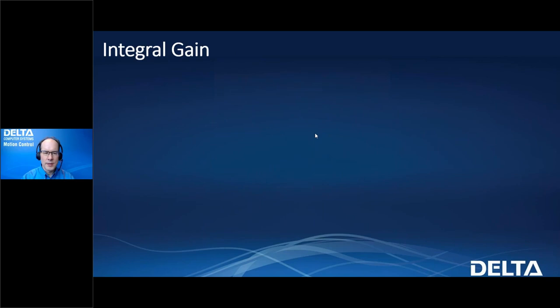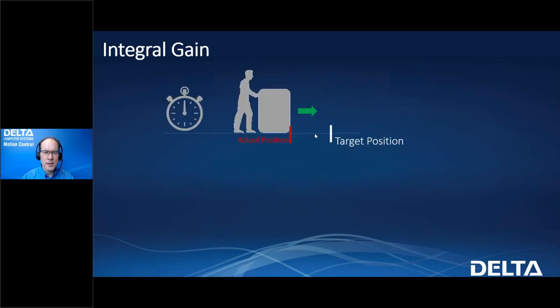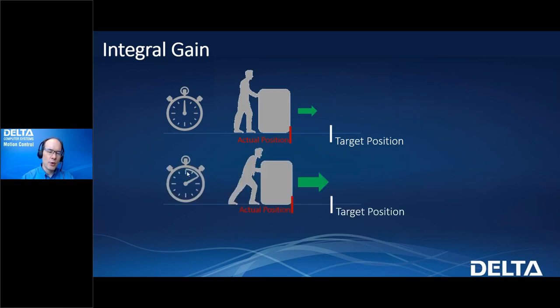So enter the integral gain. The integral gain also looks at the target position and the actual position, and we give some control output to try to move the actual towards the target. If no time has gone by, we give a little bit, but as more time passes, we give more and more effort, so more control output.